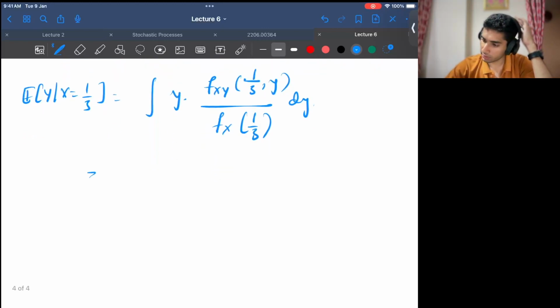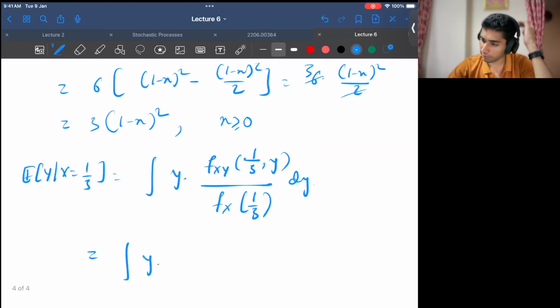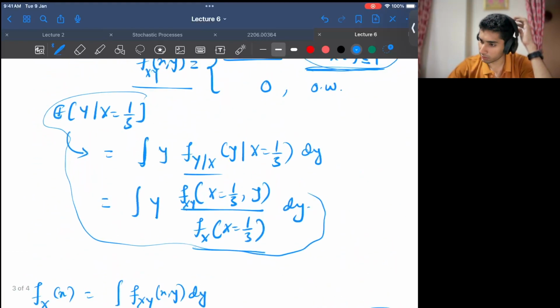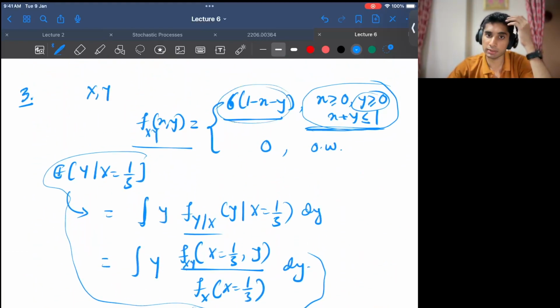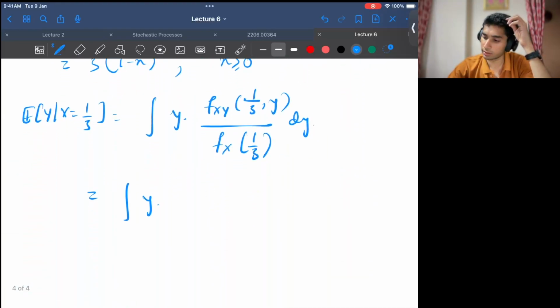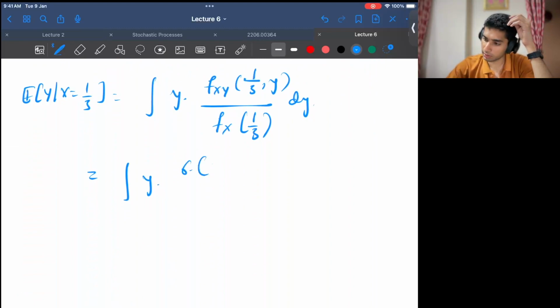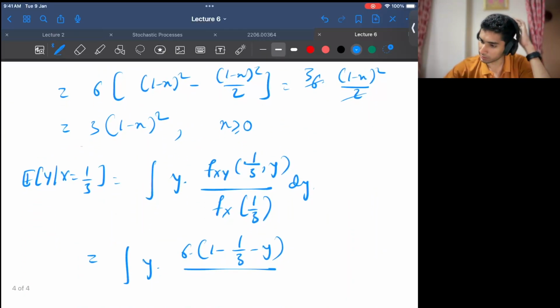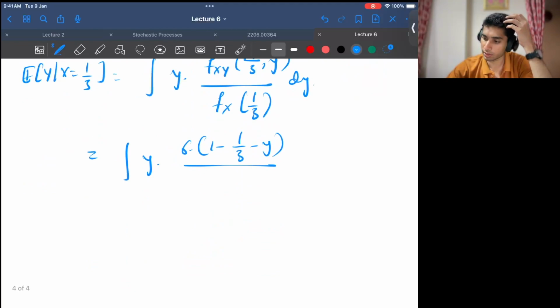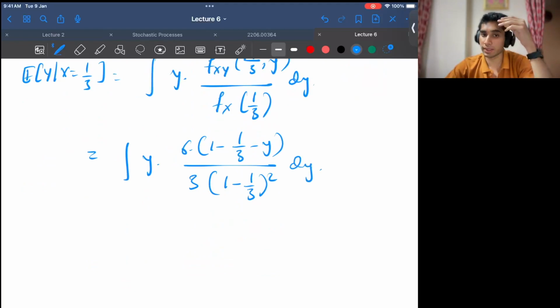The joint distribution is given by 6 times 1 minus x minus y, so 6 times 1 minus 1 by 3 minus y, divided by fx of 1 by 3. fx is 3 into 1 minus x whole square, so this is 3 into 1 minus 1 by 3 whole square, dy, right?